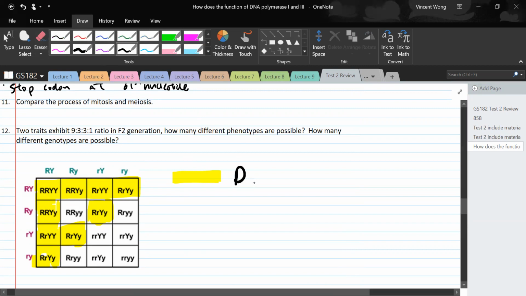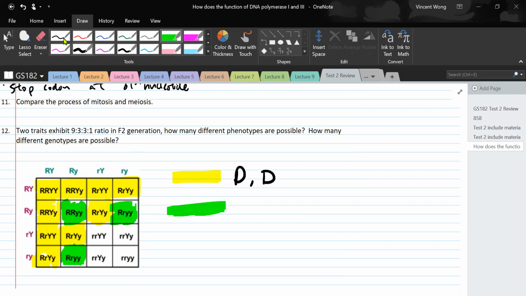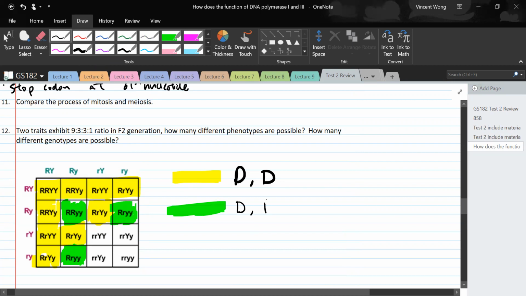Okay, we'll say D and D. Let's say big R is round and big Y is yellow. So these are the round and the yellow. Then we're gonna have ones that are dominant for the first trait, recessive for the second one, so that would be round and green.